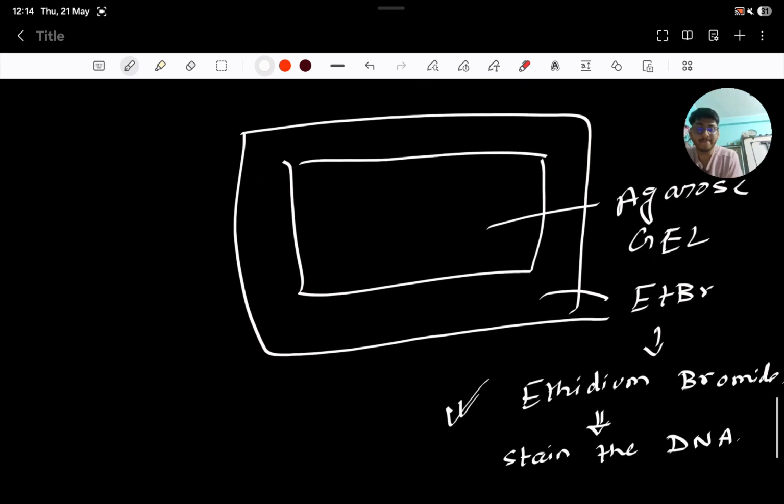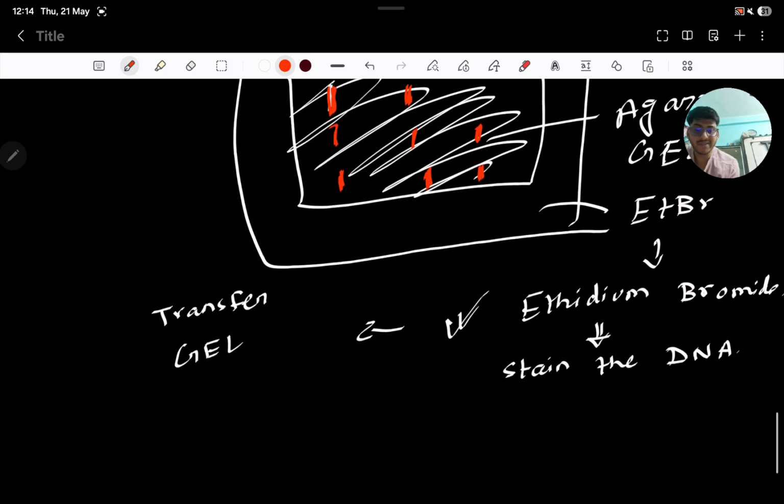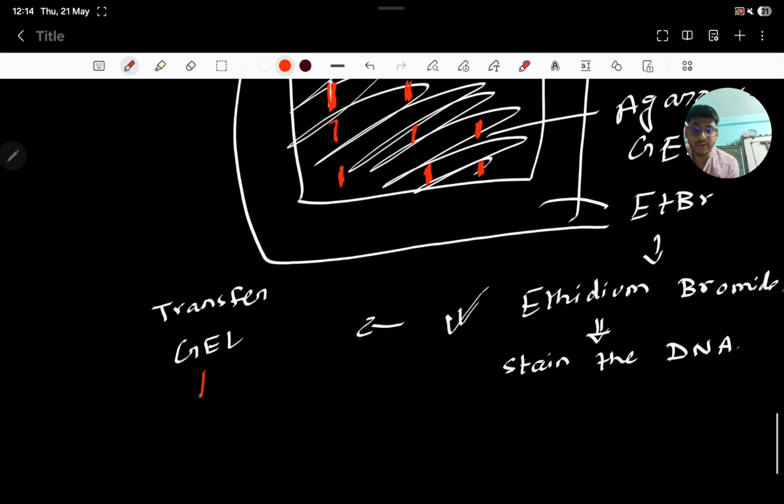We will be transferring the gel, the agarose gel. There were DNA bands over there. So we will be transferring the gel into the UV transilluminator.